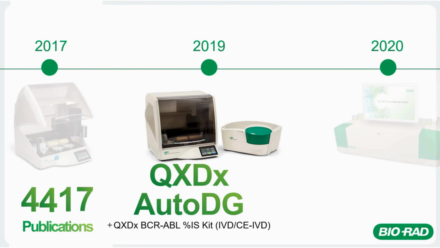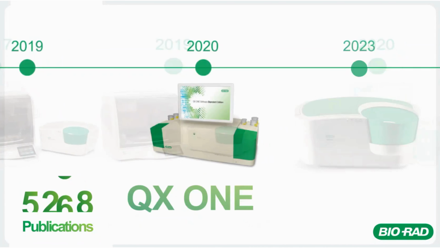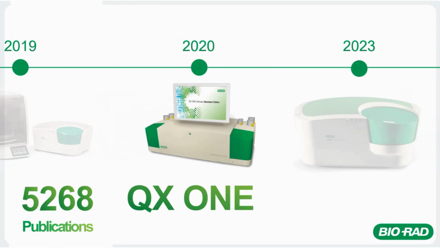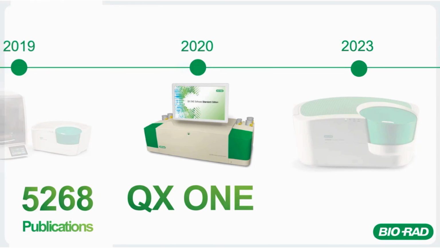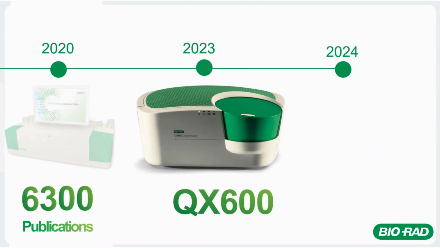So a kit that is IVD approved for chronic myeloid leukemia monitoring. Then in 2020, we came to market with the QX One system, and we can see how the publications have drastically increased over the years. And then just last year, 2023, we launched this QX600 system.